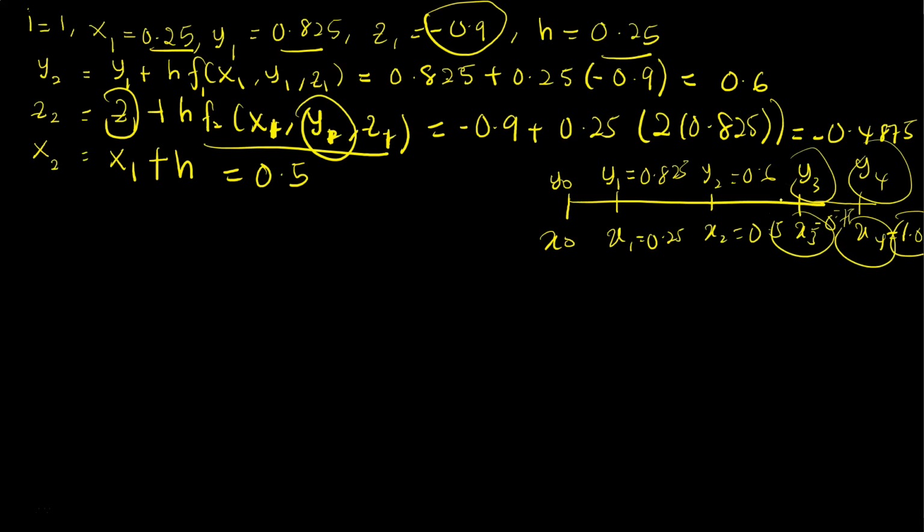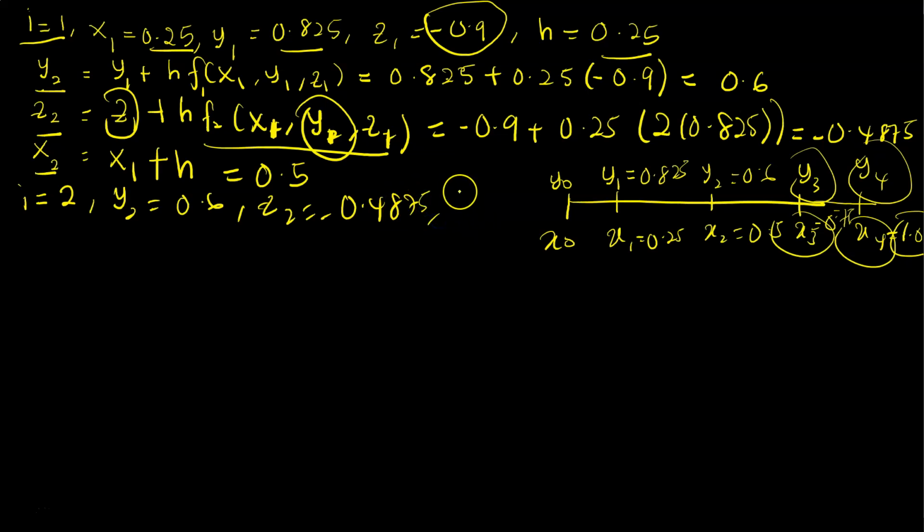So you have to repeat the same process. We need to increase our i. Instead of the previous i equal to 1, now i equal to 2. The solution for i equal to 2, that is y2, z2, x2, we already got from this calculation: y2 equal to 0.6, z2 equal to negative 0.487, and x2 equal to 0.5.